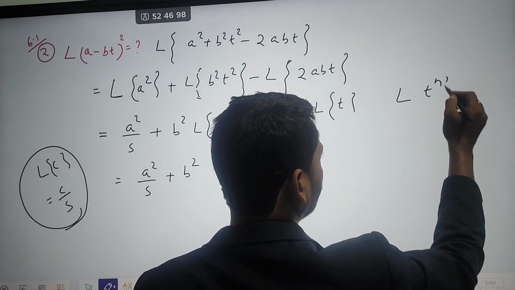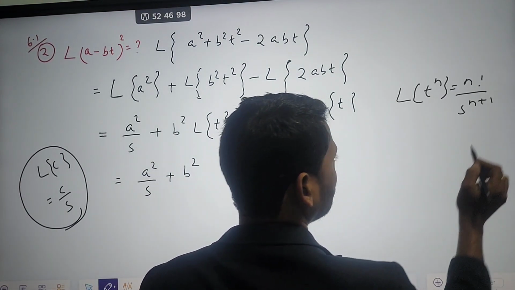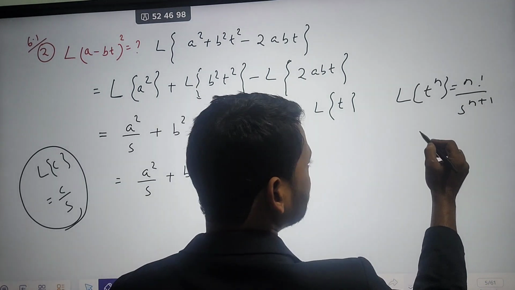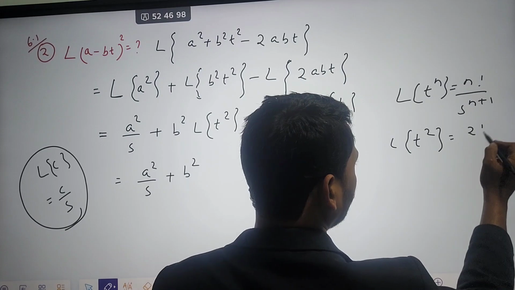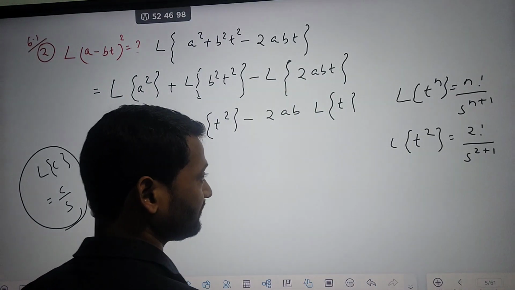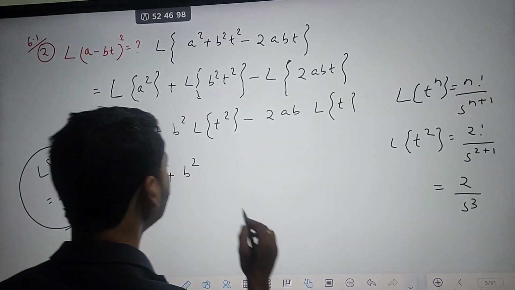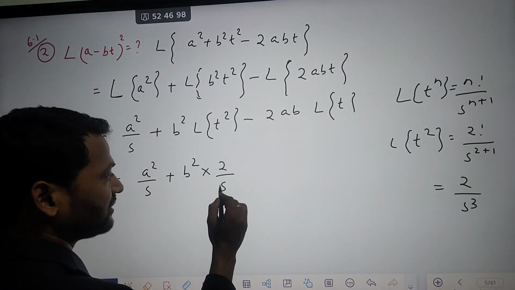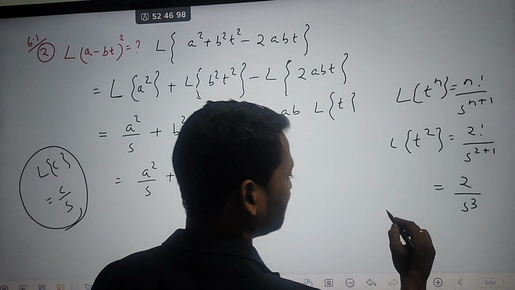Laplace of t to the power n is n factorial by s to the power n plus 1. I keep repeating this. So Laplace of t square is 2 factorial by s to the power 2 plus 1, so it is 2 by s cube. So here I can write 2 by s cube minus 2ab Laplace of t.